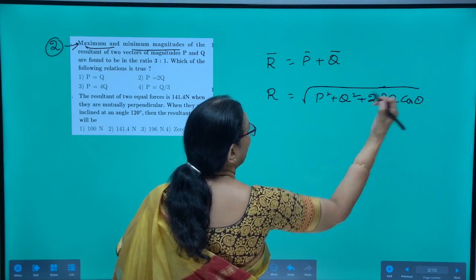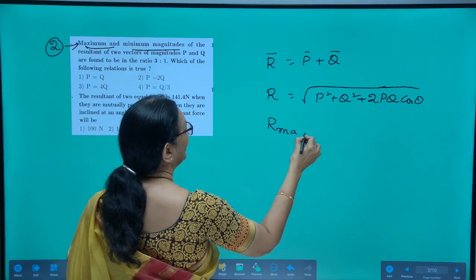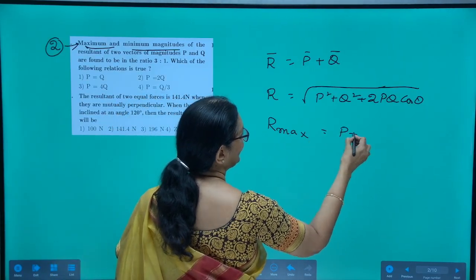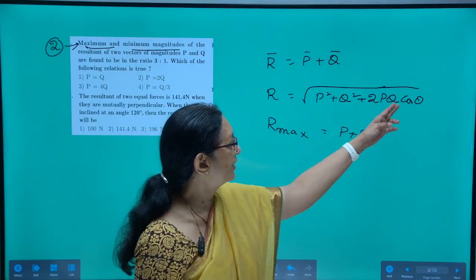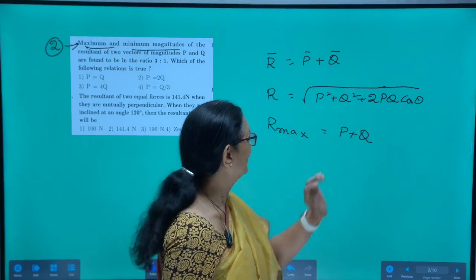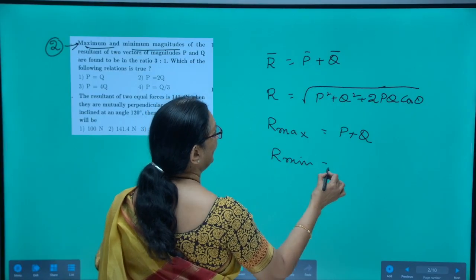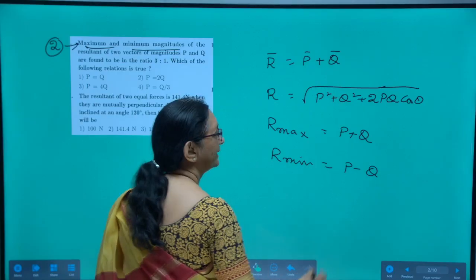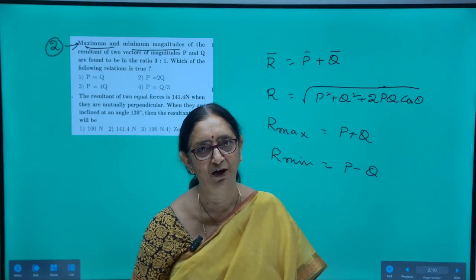If theta is 0, the resultant is maximum, that is P plus Q. If theta is 180 degrees, cos 180 becomes minus 1, so the minimum possible resultant is P minus Q. We know this well from the parallelogram law of vectors.